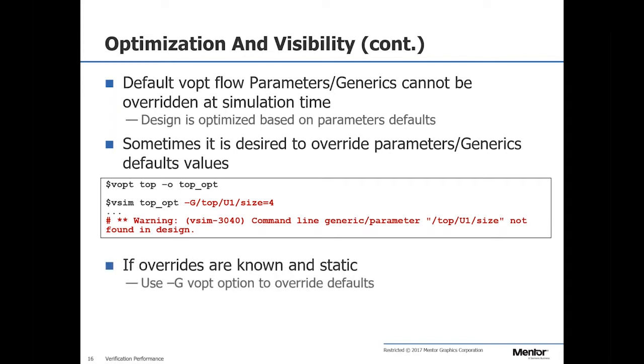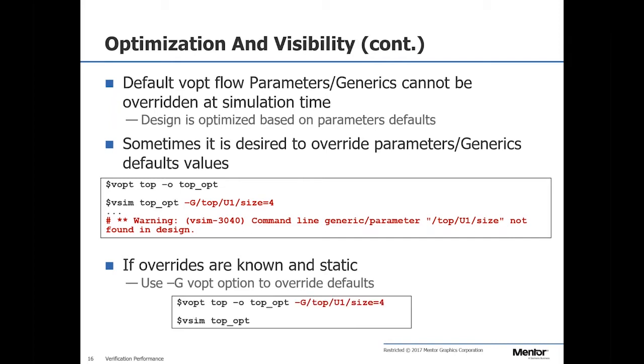So what you need to do is either when you do the vopt set the size, and then maybe call this top opt underscore size 4, and then simulate on top opt underscore size 4, and then maybe I could do it on 16 and 32 or something. This is good as long as that parameter has a limited number of values you want to set it to.